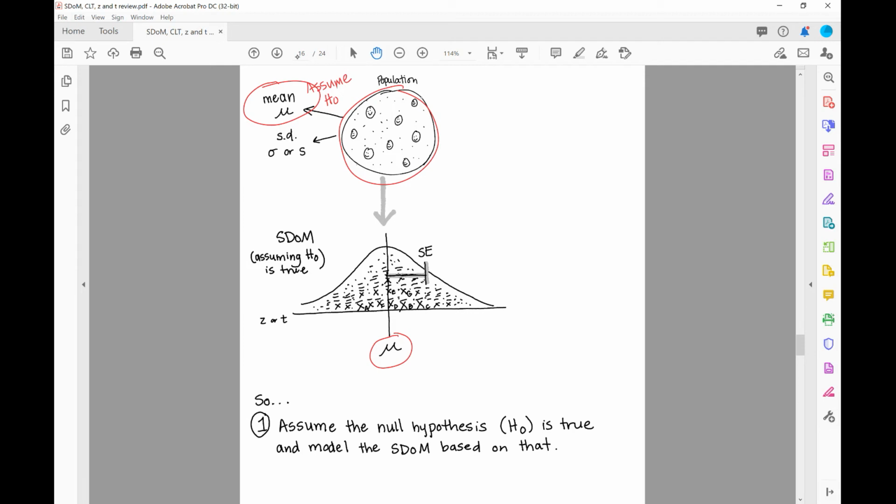If we think for real that this population has a mean that's not equal to 100, if that's our alternative hypothesis, our research hypothesis, we start by assuming the opposite, that it is equal to 100. Then it would be that value that gets put into our model. So we assume the null hypothesis is true, and we use that to model our SDoM.